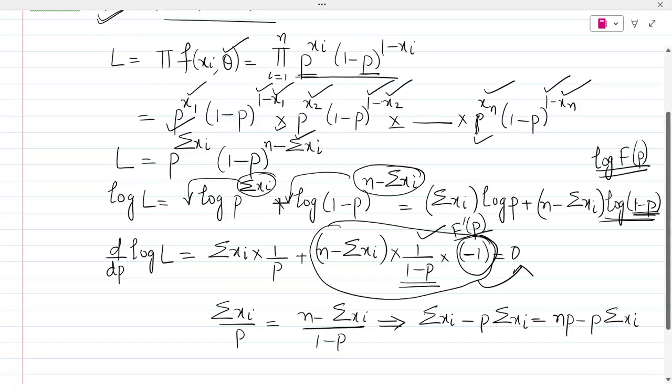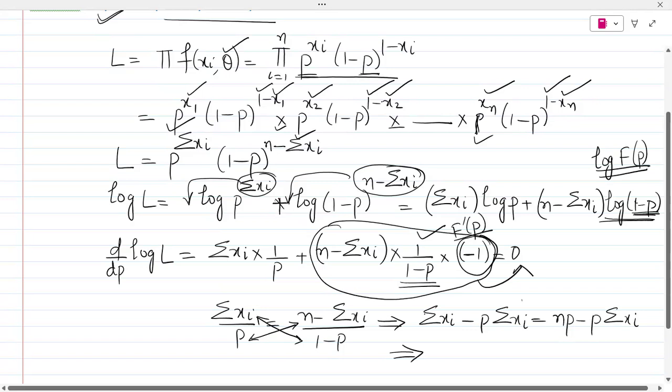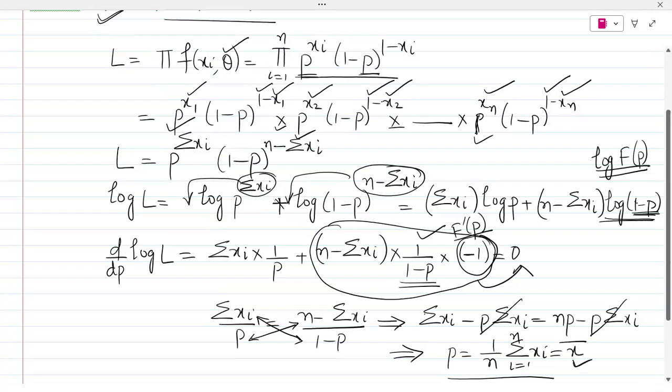The p summation xi cancels. So p is once again 1 by n summation xi, i from 1 to n, which is the sample mean.